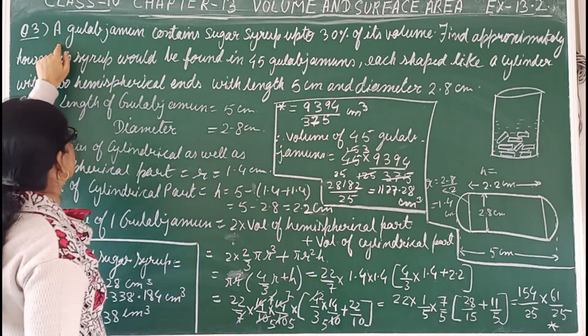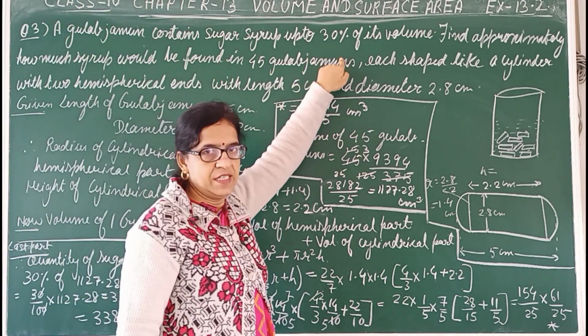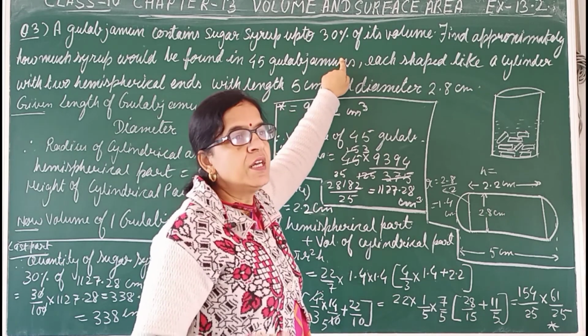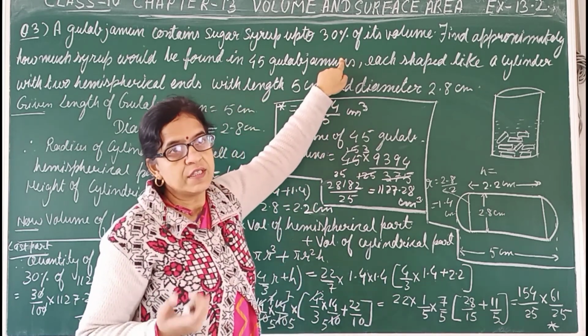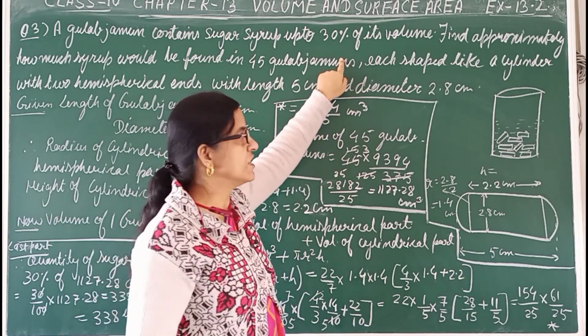The question is saying that a gulab jamun contains sugar syrup up to 30% of its volume. So whatever is the volume of the gulab jamun, the quantity or the amount of the sugar syrup is 30% of it.